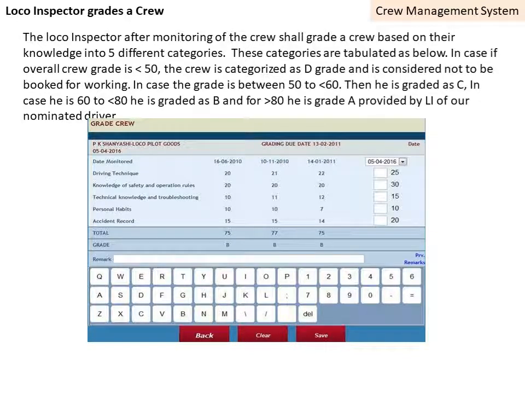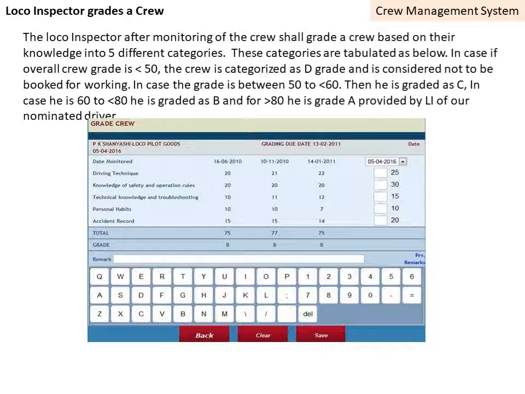Local inspector grading particulars. He can be graded by using marks: driving techniques 25 marks, knowledge of safety rules. After counseling him, after counseling on movement particulars, and after 2-3 trips, the loco grading particulars will be updated. Once he is graded, whether A, B or C, the grade will be stored in the CMS biodata, and it will also be added to his report console.